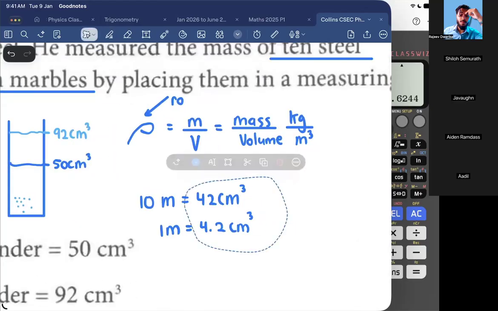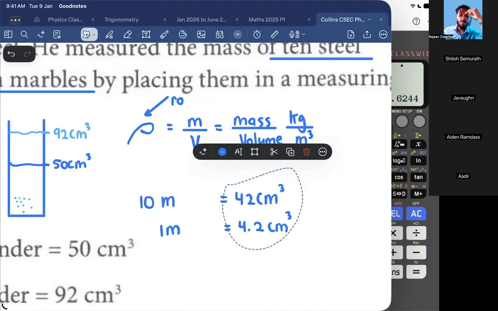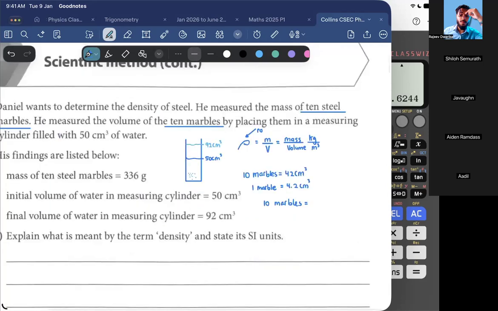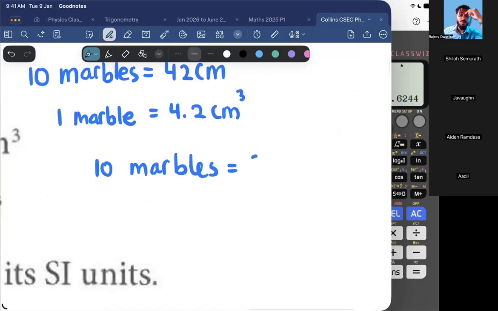We should probably find it for one. So let me do that. 10 marbles is 336. So one marble will be what? 33.6.